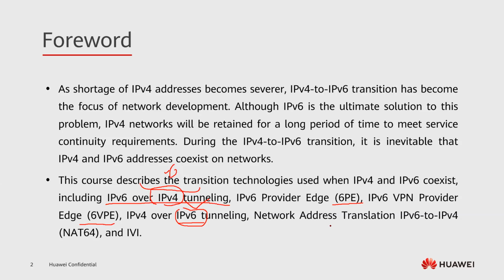And also for the scenario of the data center, where you need to provide the service for the internet user, in the early time there is no need for you to change the data center network. You only need to change the v4 address to the v6 address. So in that scenario, network address translation technology is enough. For this translation technology, there are two kinds we will introduce in this course: one is NAT64, another is IVI.